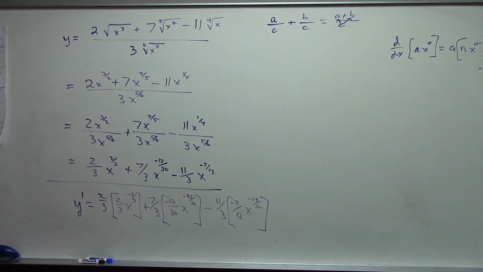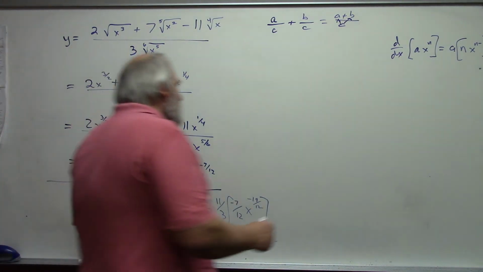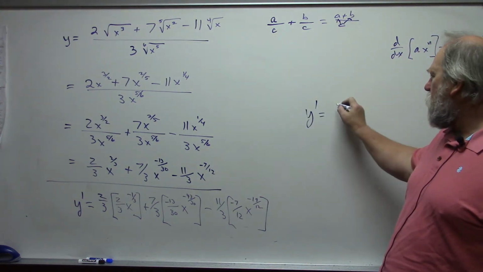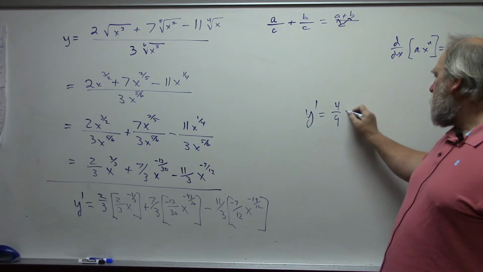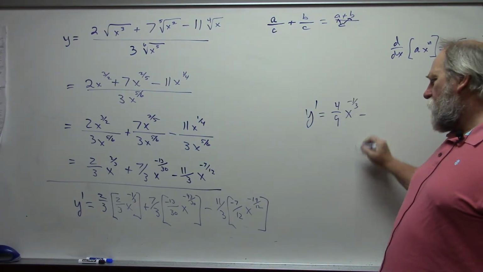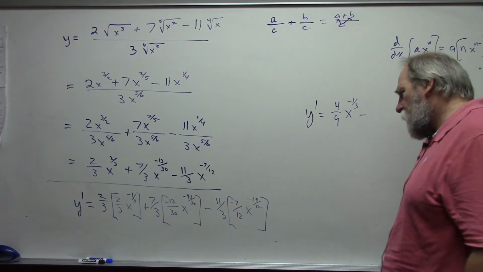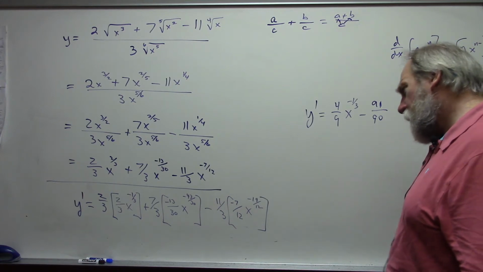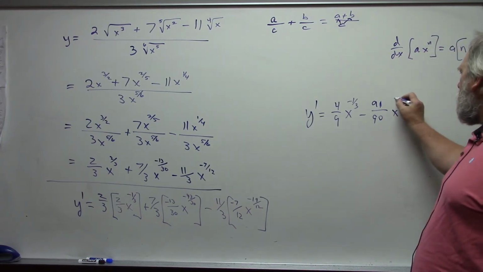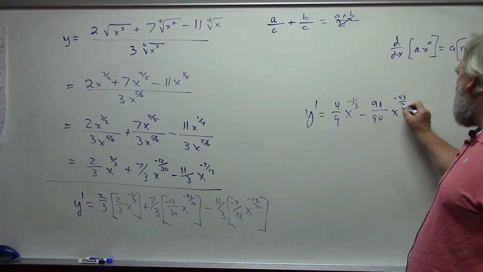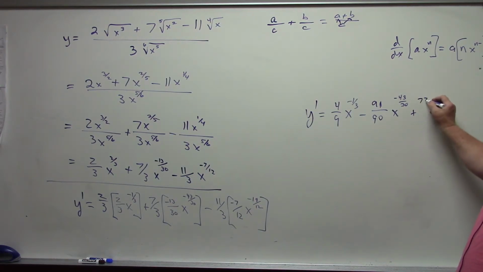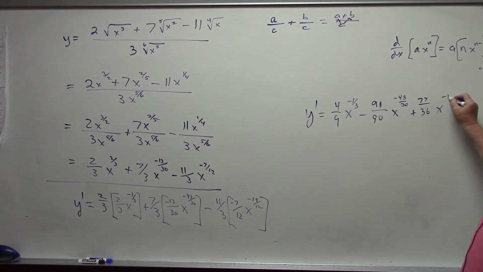And now we just simplify. So my final derivative then would be 4/9 x to the negative 1/3, minus 91/90, if I did my multiplication correctly here, x to the negative 43/30, plus, and we get 77/36 x to the negative 19/12.